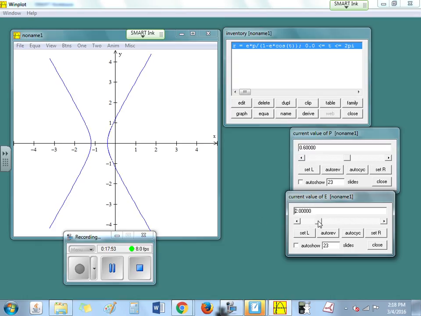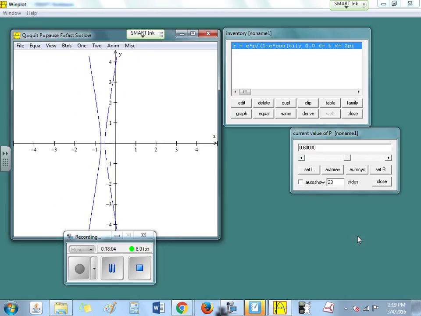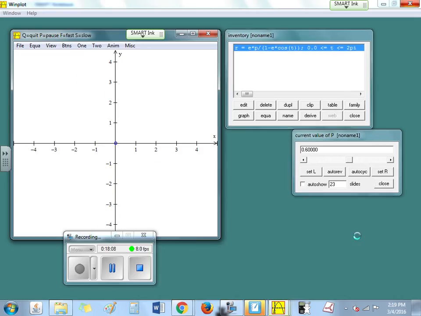So I just set that on here. And a maximum eccentricity of 1. Now I'm going to auto-cycle. I'm going to let the eccentricity range from 0 to 2. Not 0 to 1, 0 to 2 I mean. I'm going to slow that sucker down so you can see that this happening. So E is going from 0 to 2. Still a little too fast, believe it or not.